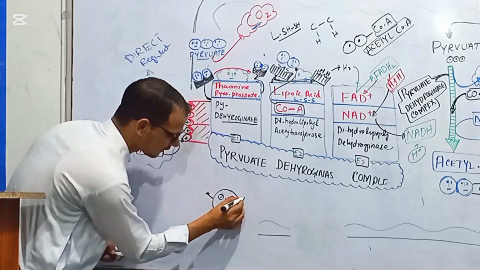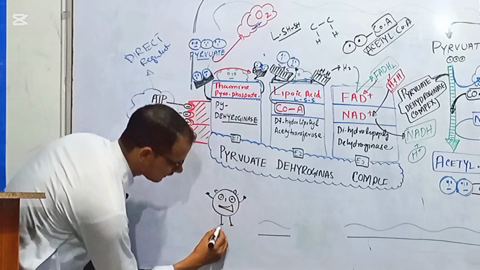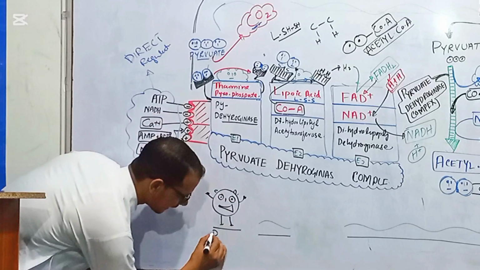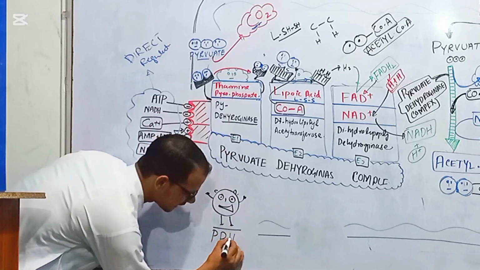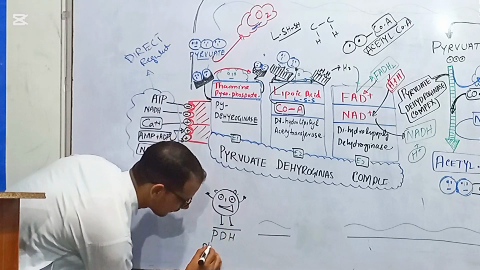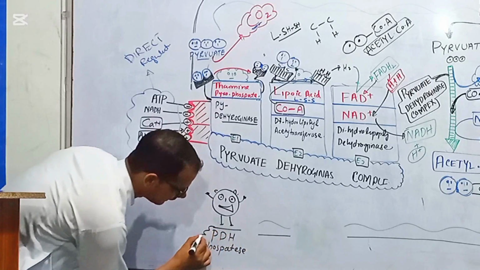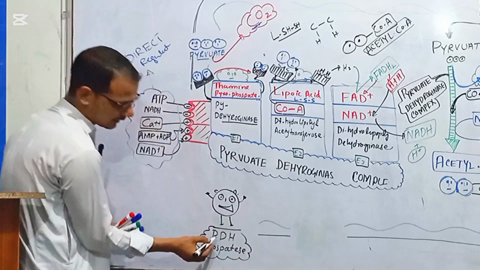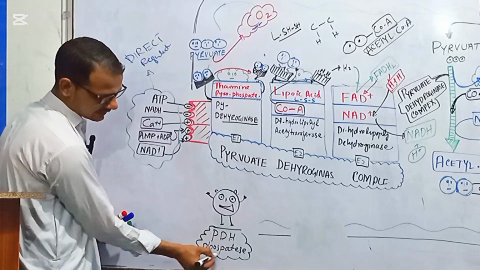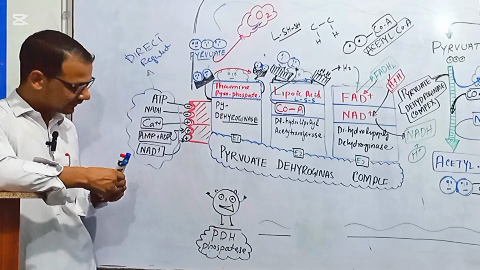One is standing here, and this is called pyruvate dehydrogenase phosphatase. This enzyme is called pyruvate dehydrogenase phosphatase, right?